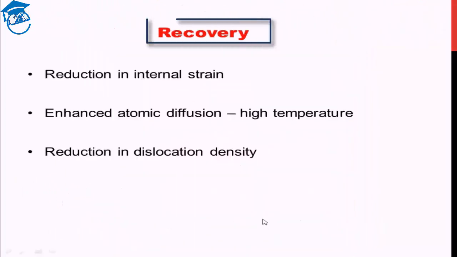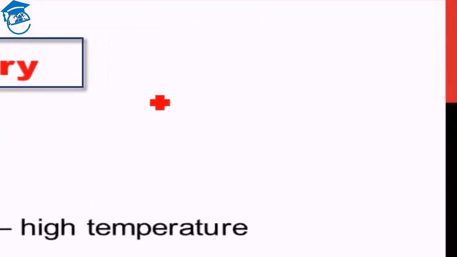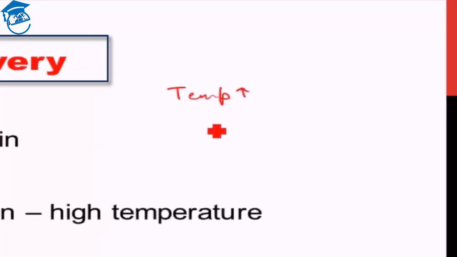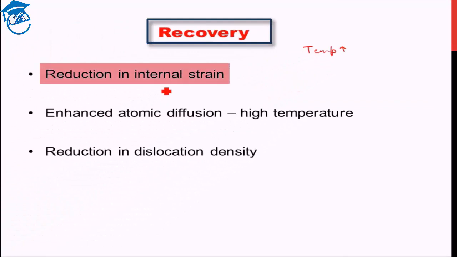Recovery. In the stage of recovery, you have already exposed it to a little high temperature. Temperature has been increased, and this increase in temperature will lead to a reduction in internal strain, but there is no observable microstructural change.